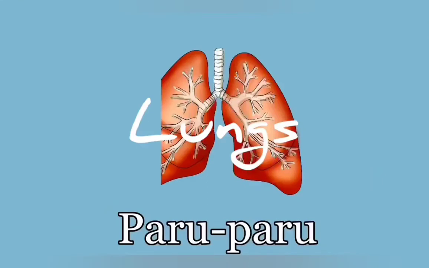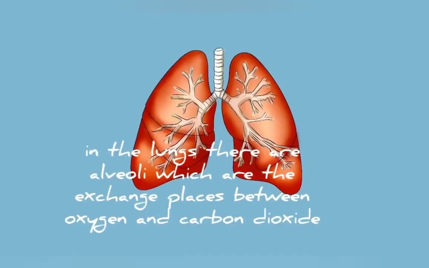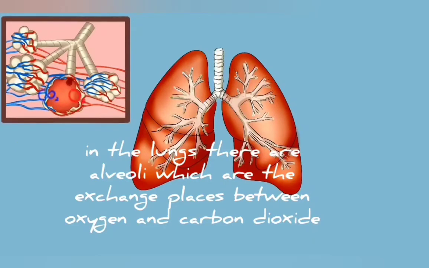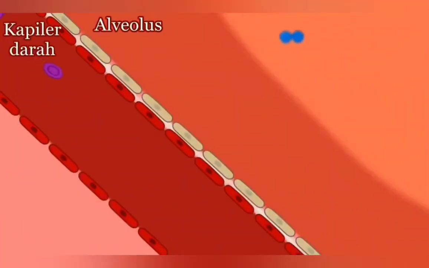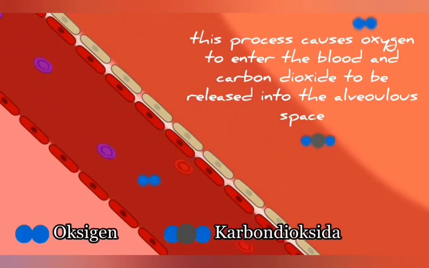Next, an explanation about lungs. In the lungs there are alveoli, which are the exchange place between oxygen and carbon dioxide. This process causes oxygen to enter the blood and carbon dioxide to be released into the alveolus space.